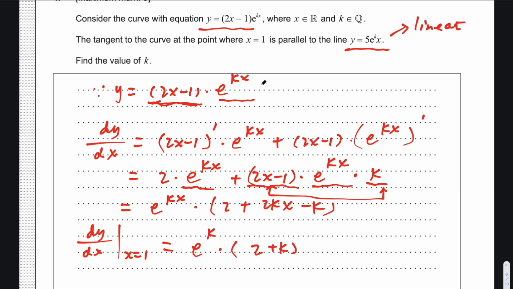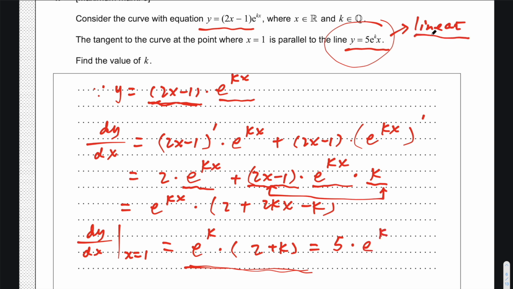Okay, so when x equals 1, the slope of the tangent line is this expression, and we're told that this tangent line is parallel to this line, so that means they have the same slope. So this slope is equal to the slope of the line, which is 5 times e to the power of k.